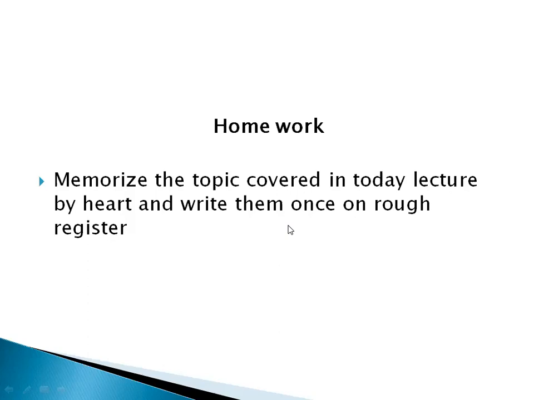I will check only the neat registers, which are MCQs and numericals, whenever the chapter finishes. I will not check the rough registers. This is for your practice at home.